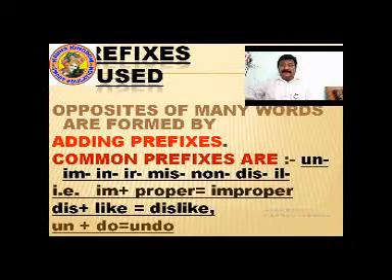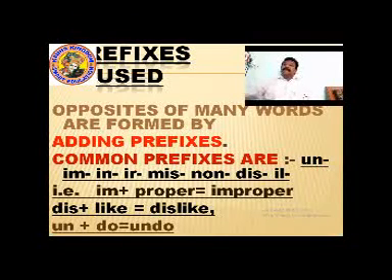IM is added to possible, a work sure to be done, where we have used IM and made it opposite, where it says it's a work which is impossible. Such words or group of letters are called as prefix. The group of letters which is added prior to the words are called as prefix.